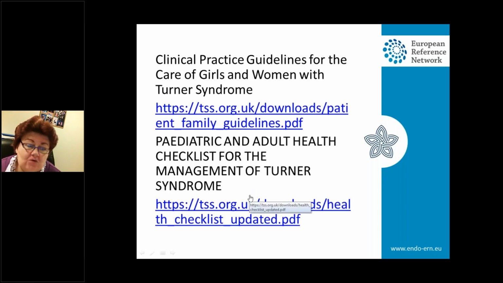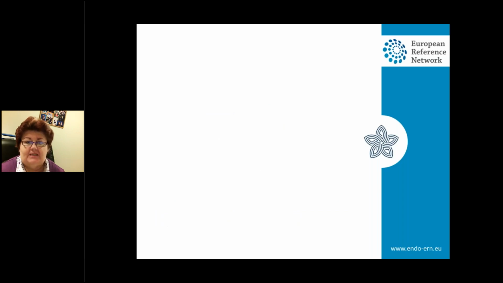And as a result of the guidelines, we have also produced a paediatric health checklist for the management of Turner syndrome, with paediatrics on one side and adult care on the other. We think that's particularly useful, and we'd be more than happy for any other country to use these guides to assist them.